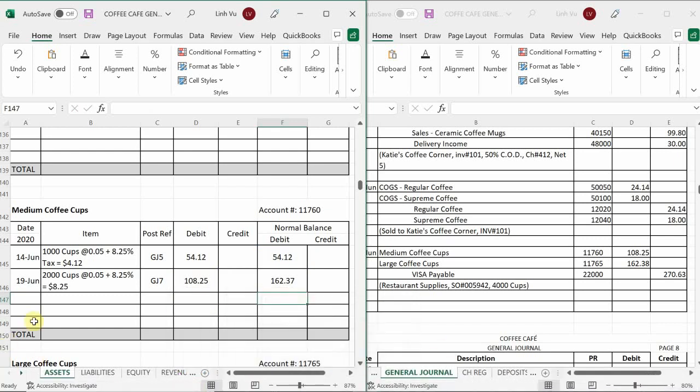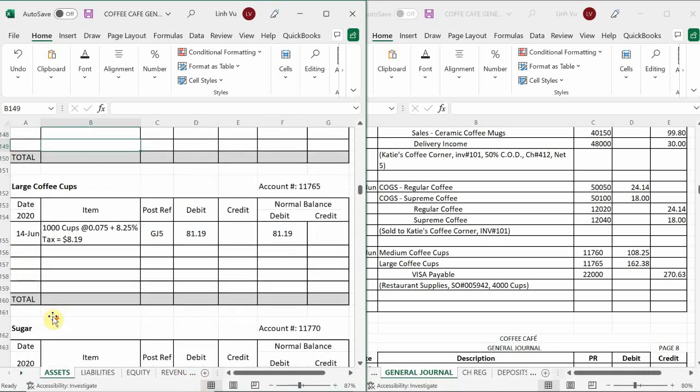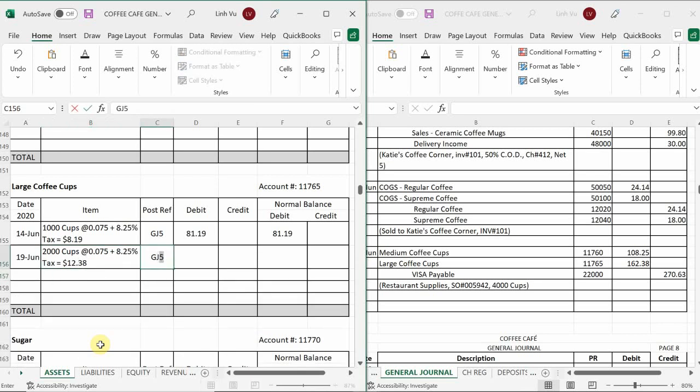Then let's go ahead and update the large coffee cups. You purchased 2,000 cups at 77.5 cents, and tax was $12.38. And page 7, and 162.38 is the debit.